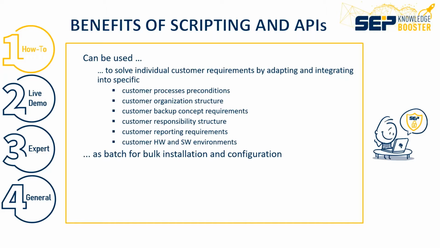That's easy one time, but if you have to do the same thing 100 times, then it's really good if you can program it in a script, do some bulk installation and configuration, and automate the complete thing, so that all these 100 tasks are done in the completely same way and identical.